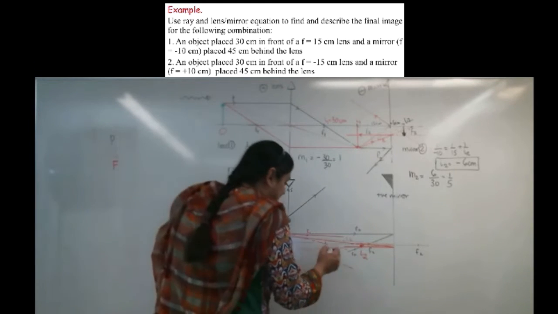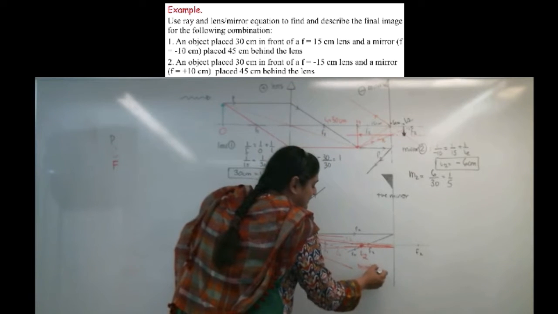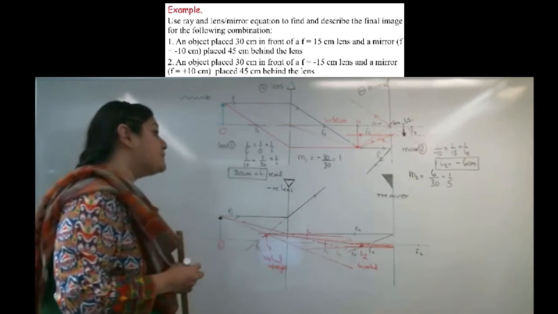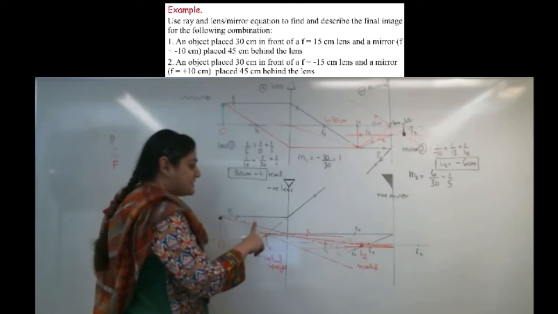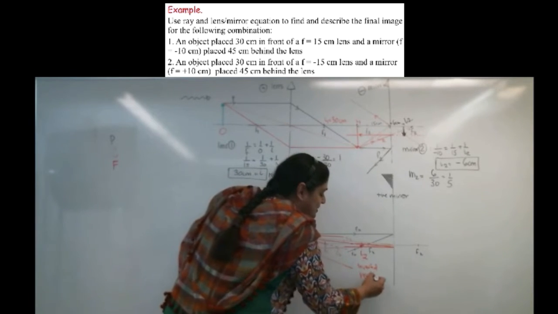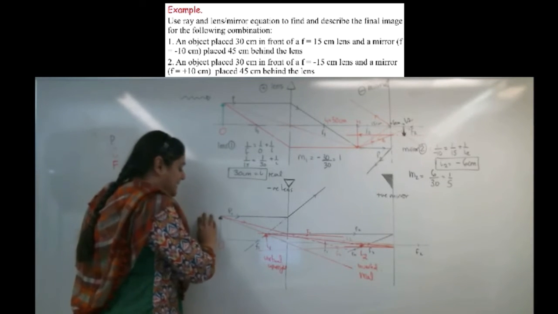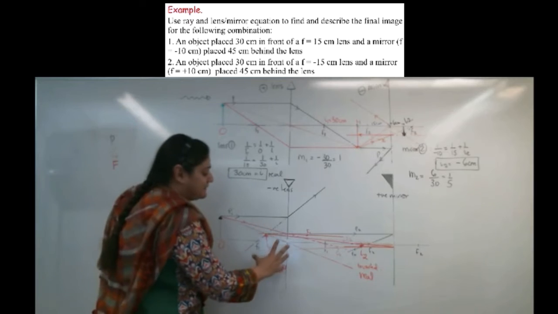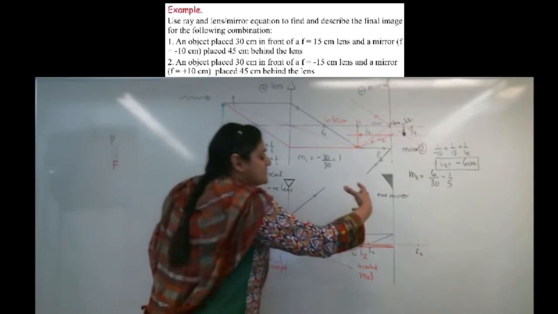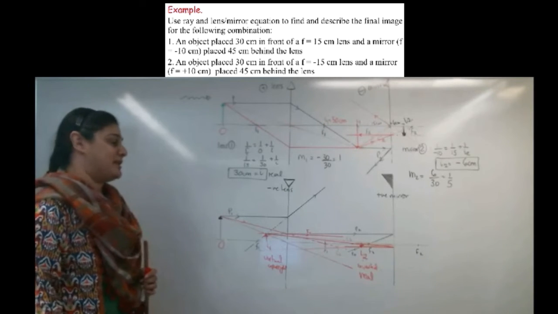Well, I know it's inverted because this was, but the question is, is it real or not? And the answer is, since it's on this side of the mirror, it is a real image. So this is that scenario we were talking about. A real object will give you a virtual image which gives you a real image at the end. So with a combination, many things are possible.